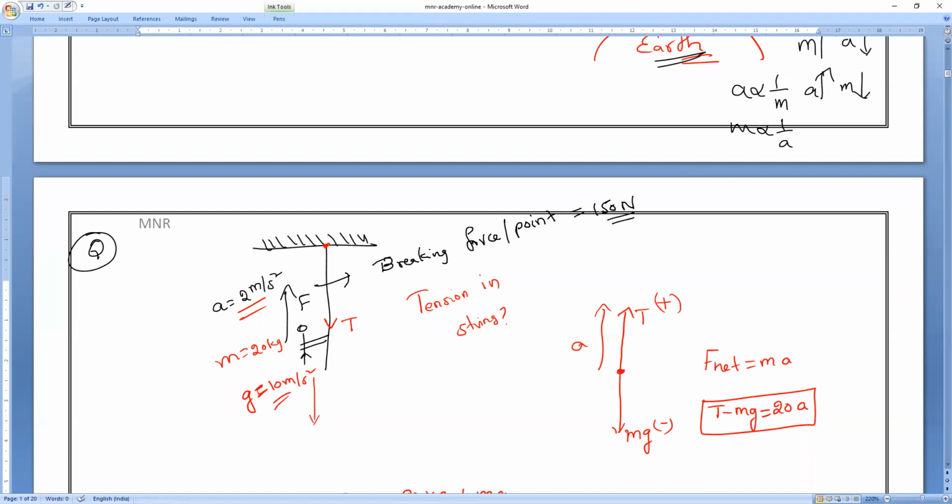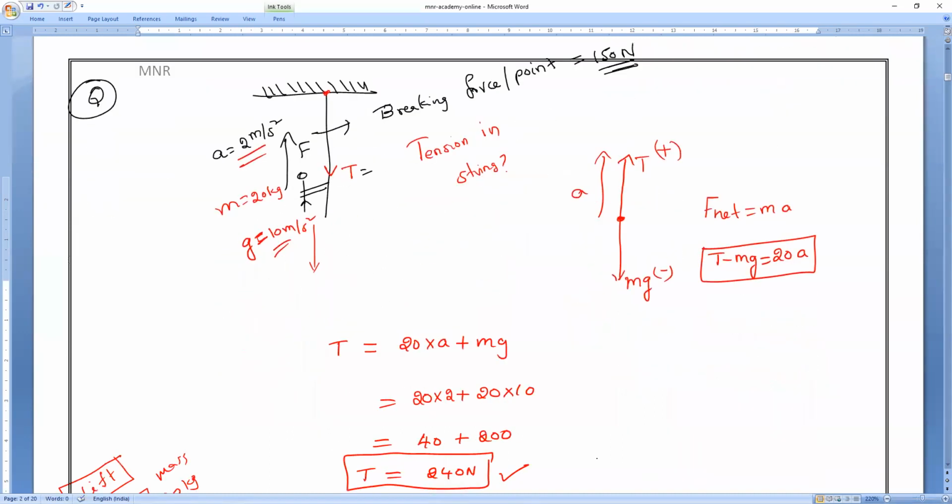So if the breaking point is 150 and the tension we got is 240 newtons, then what will happen, guys? Breaking point is 150, but he is traveling with 240 newtons. So the wire will break or not? Yes, the wire will break so that he will fall down.